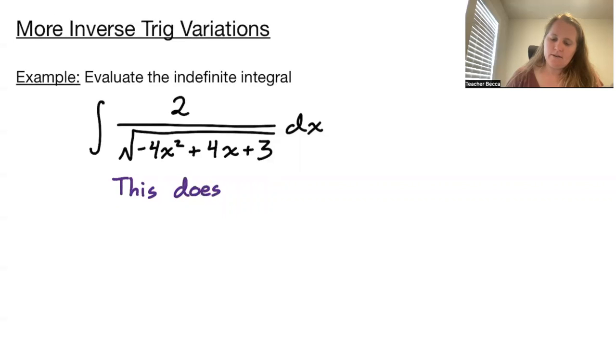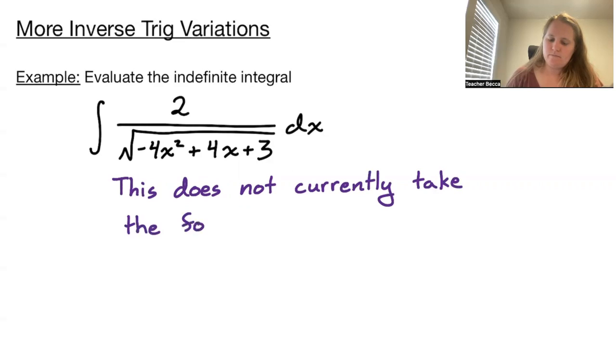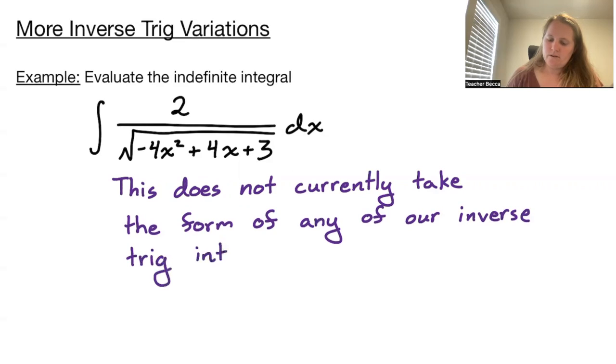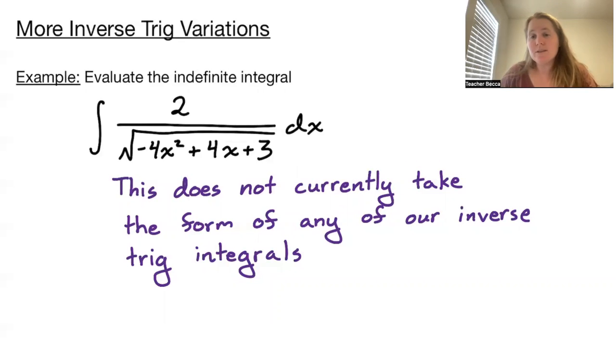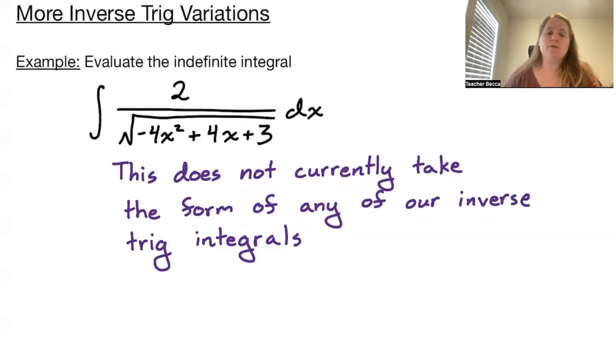However, it is closest to our inverse sine integral.